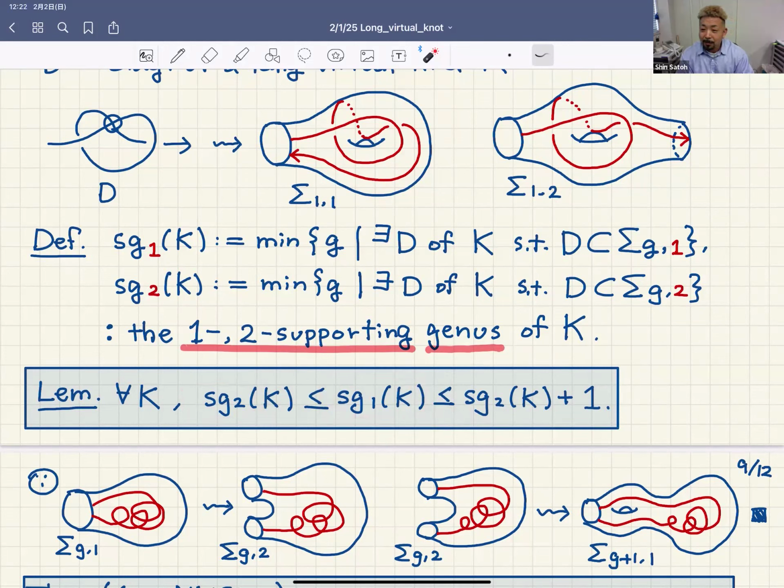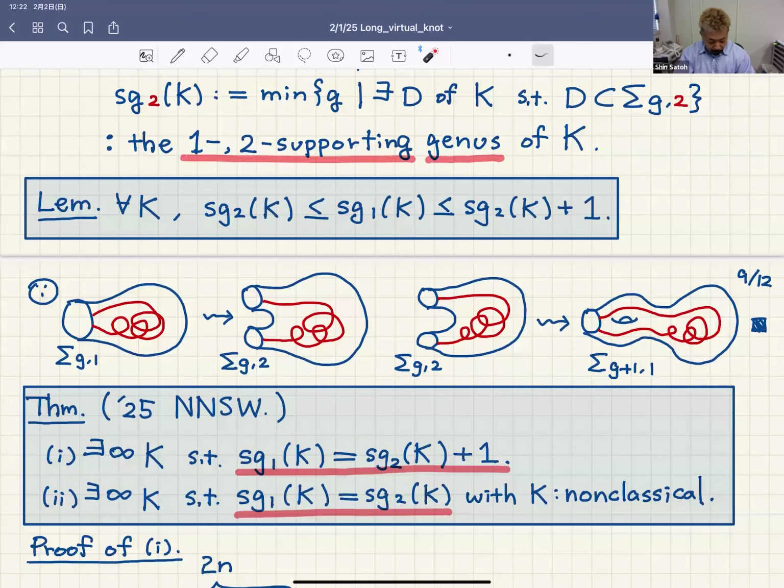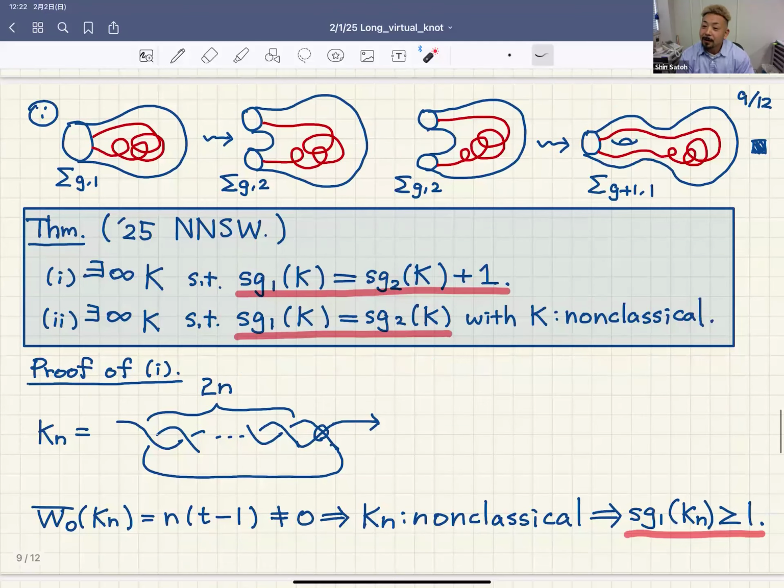Then we see that there are infinitely many long virtual knots K which realize these inequalities.